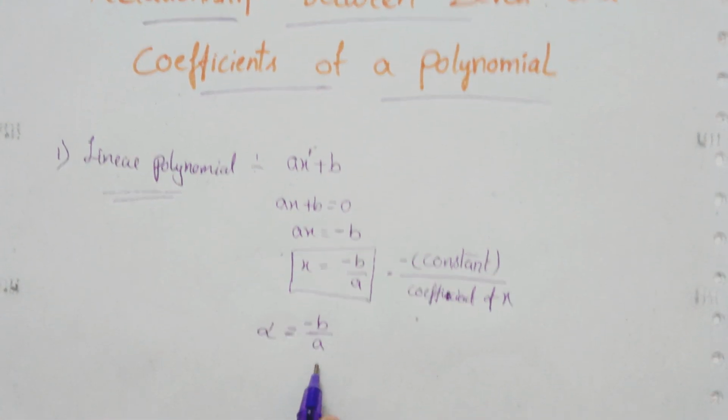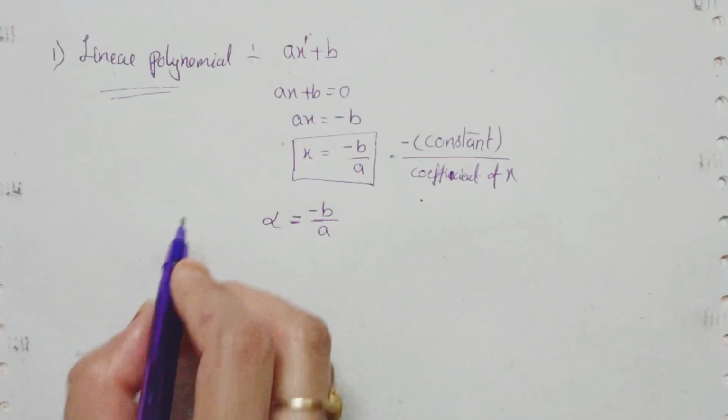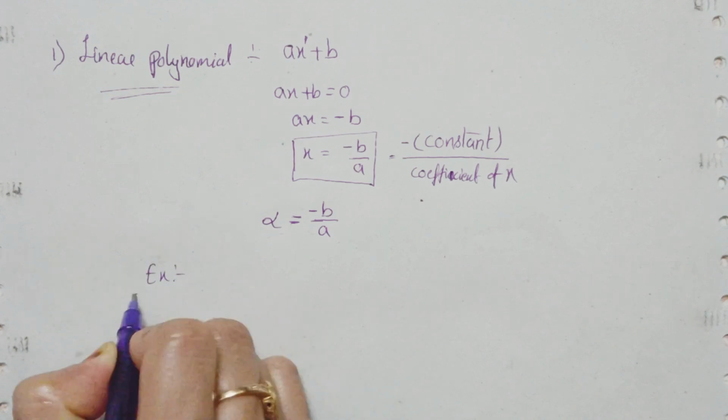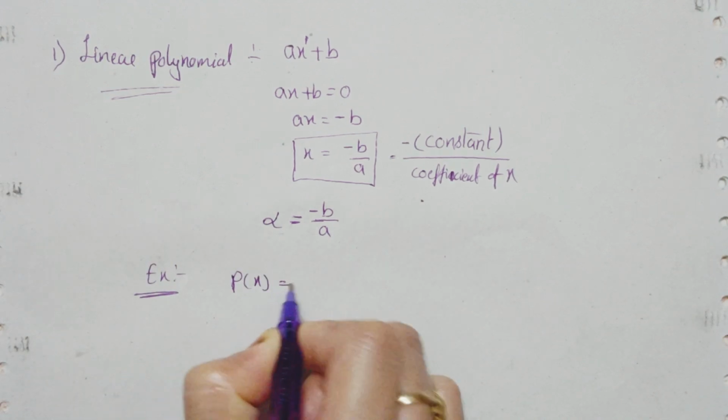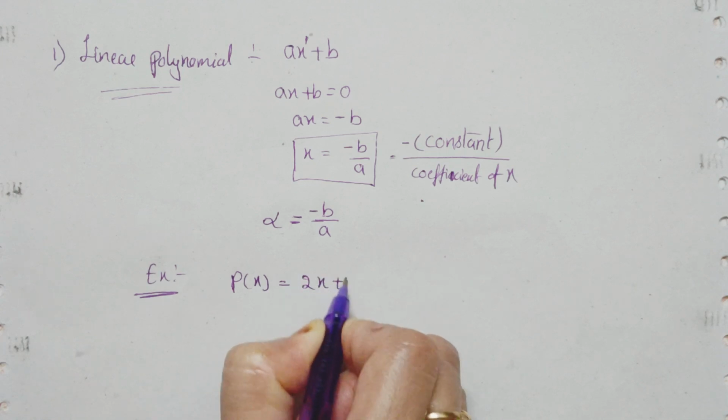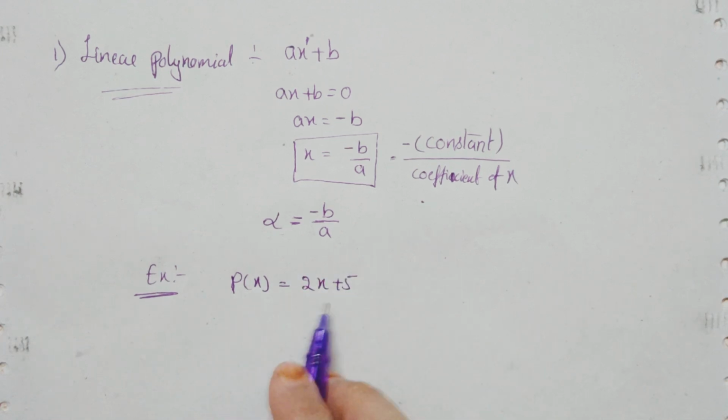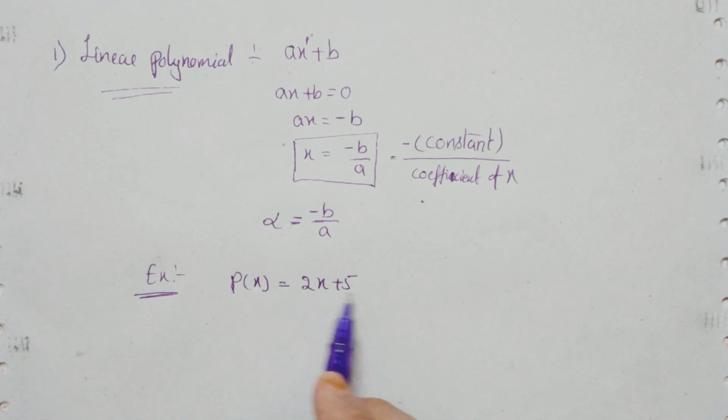Okay, let's see one example based on this. Suppose I have a polynomial p of x equal to 2x plus 5. Now I want the zero of this particular polynomial.